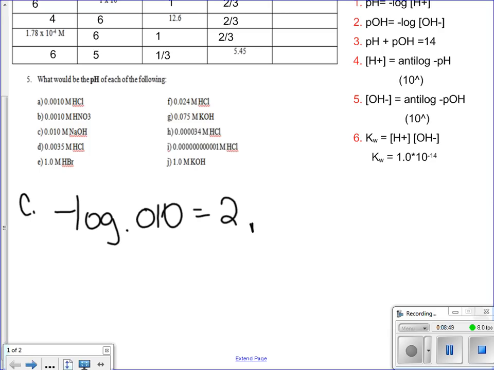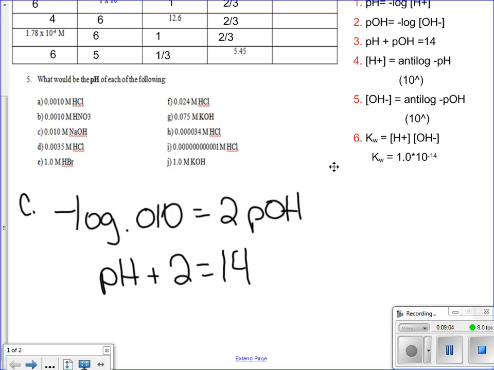This is our pOH. So to get our pH value from that, we have to look at equation number 3. So pH plus our pOH, which is 2, is equal to 14. So if we subtract that now, our pH should be 12.